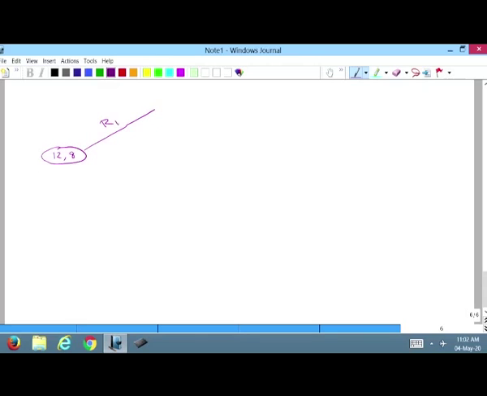If it is R1, we go to 11, 8. If the second one is R2, then we go to 10, 8, and now we are looking for R3, and the configuration is going to be 9, 8. If the first one is G1, then we come to 12, 7.